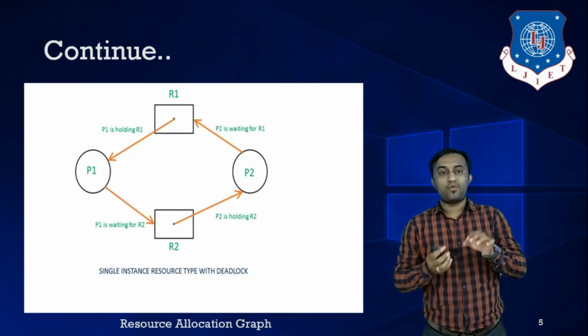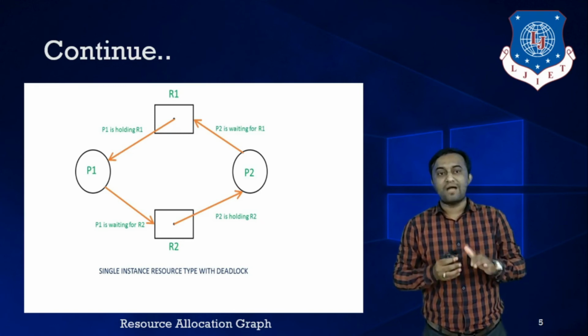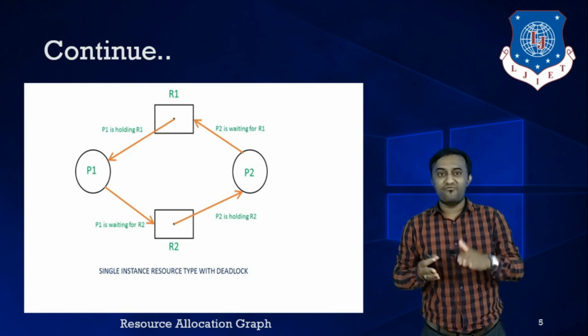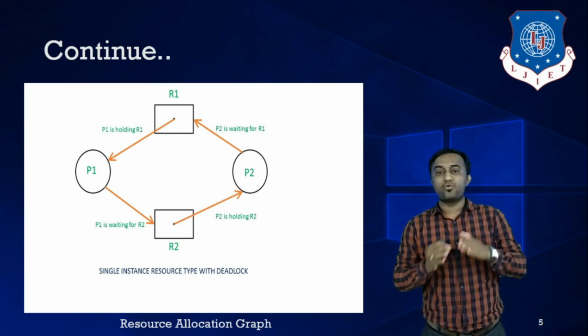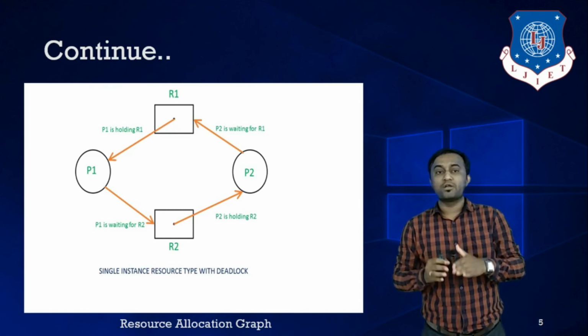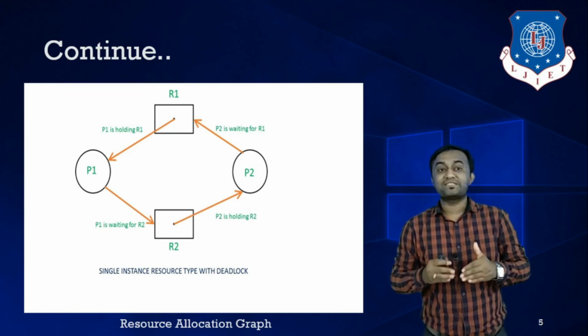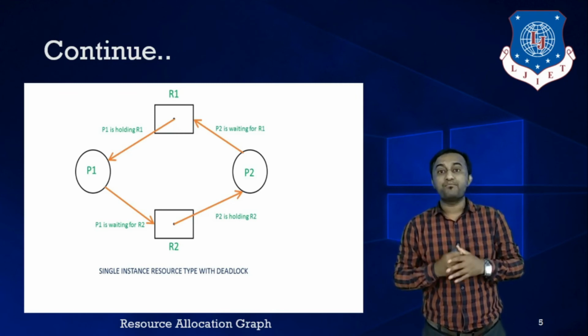P1 acquired R1, but P1 requires R2, which is already acquired by P2. Same way, P2 acquired R2, but P2 is requesting R1, which is already occupied by P1.